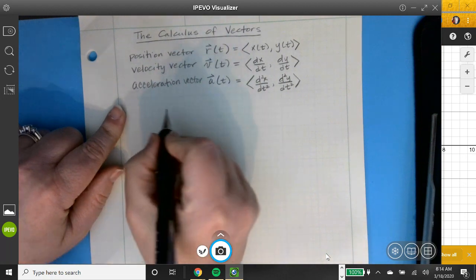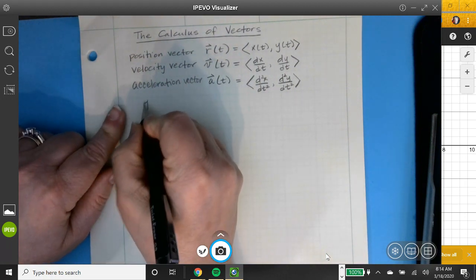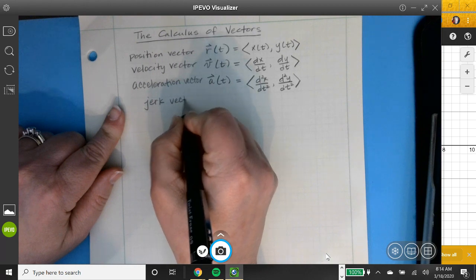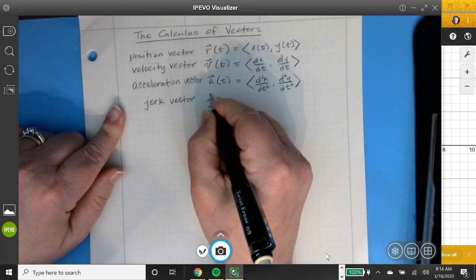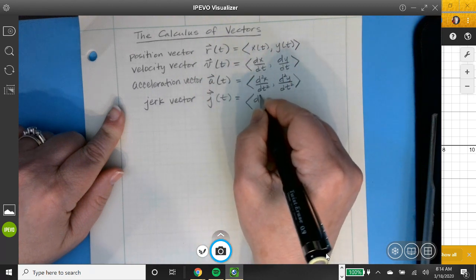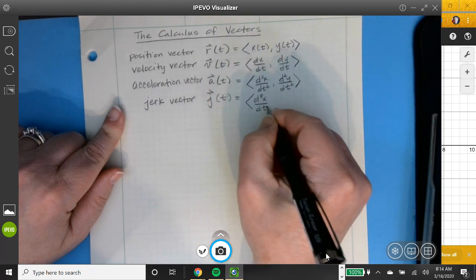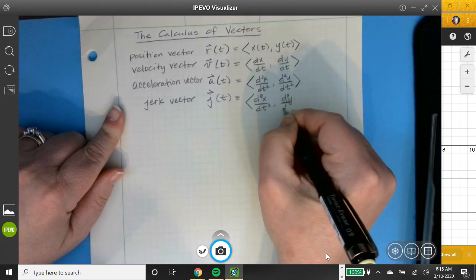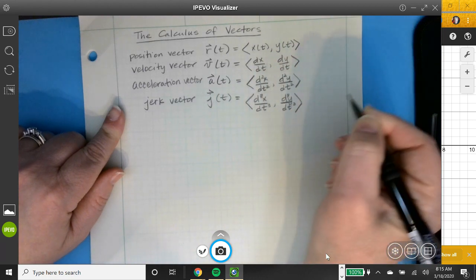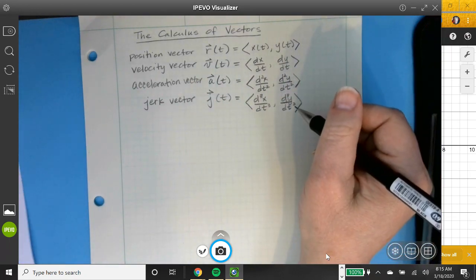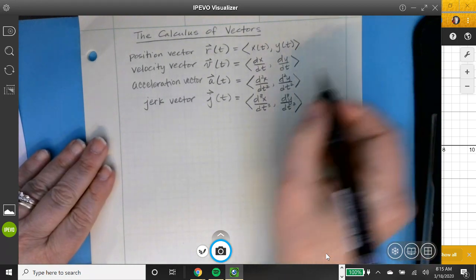And yes, there is a jerk vector, which we're going to call j of t, and that's going to be the third derivative of position. Oops, the 3 goes in here. All right, and these are just the component parts for each one of the vectors, okay?